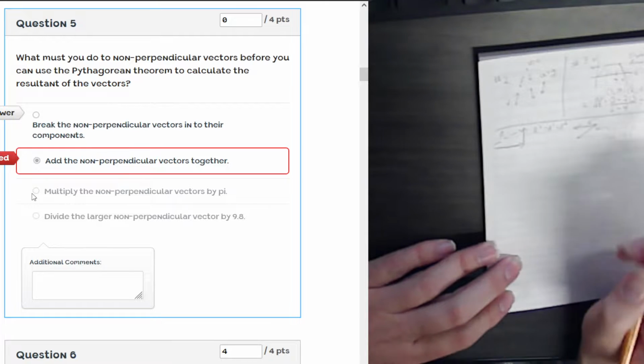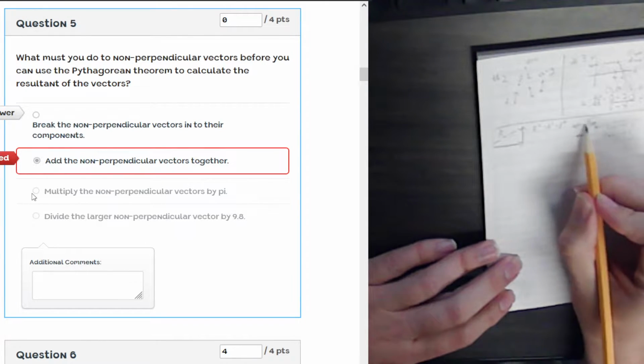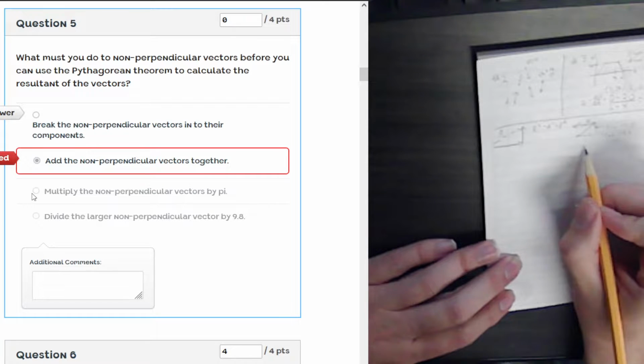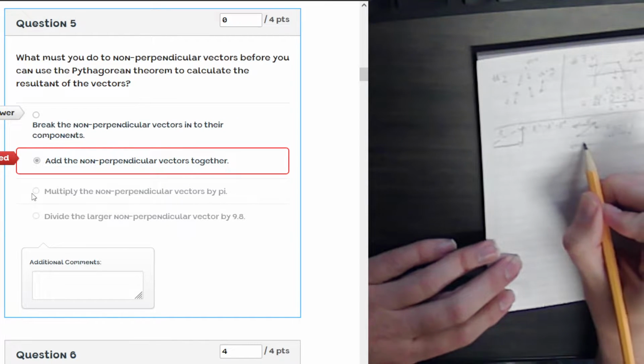So once you find your components, you'd have a component here and a component there. If we're breaking it along the standard coordinate system here, you don't really have to break that one. So you have this first one go this way, and you have the second one come this way. And then from here, you go up.